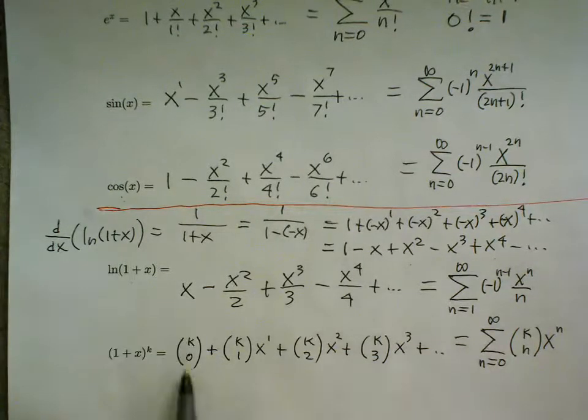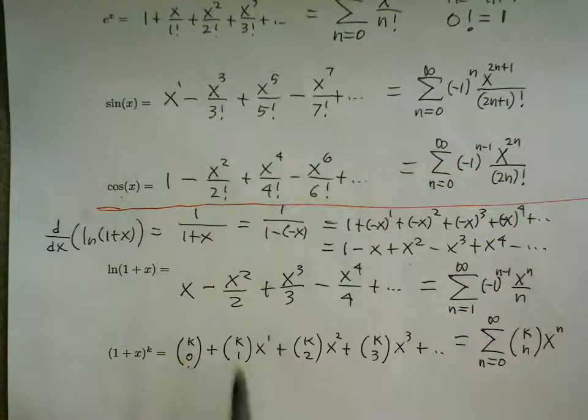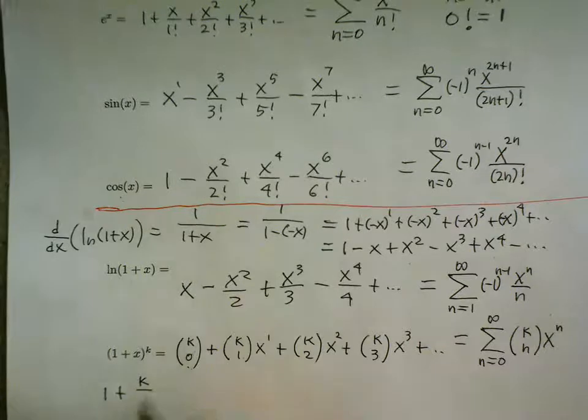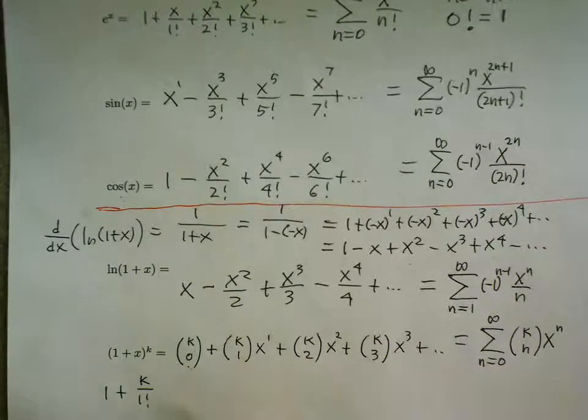But you'll want to be reminded of what each of those coefficients is. So k choose 0 is just 1. K choose 1 is k divided by 1 factorial, and then times x.